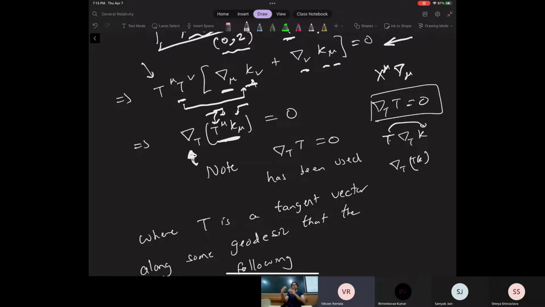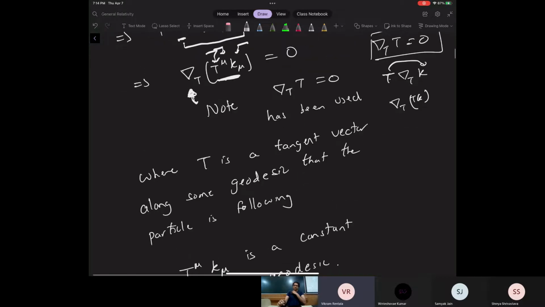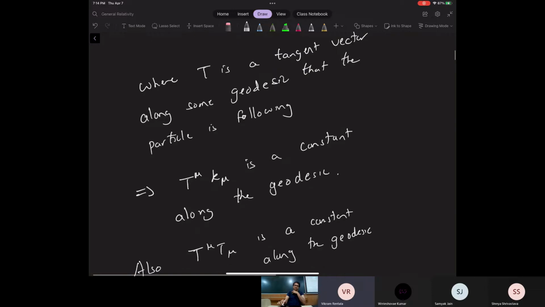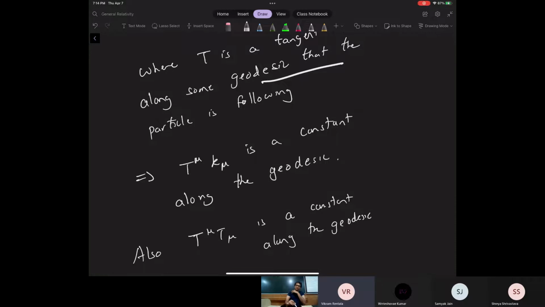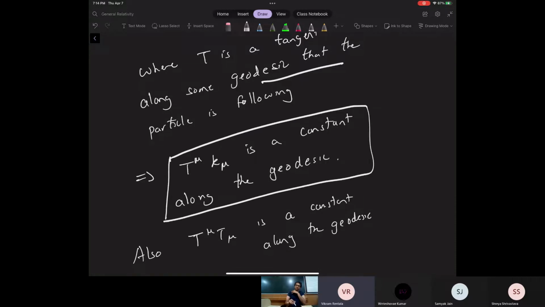It's a constant along the trajectory. ∇_T of that is 0, where T is a tangent vector along some geodesic, whichever geodesic we're solving for. So the point is that T^μ K_μ is a constant along the geodesic. We're going to use this fact and the fact that we have 4 different Killing vectors.